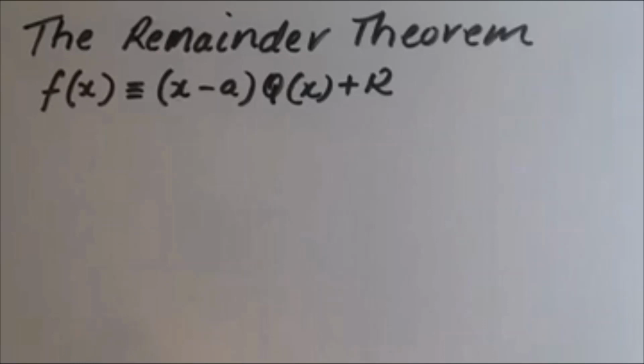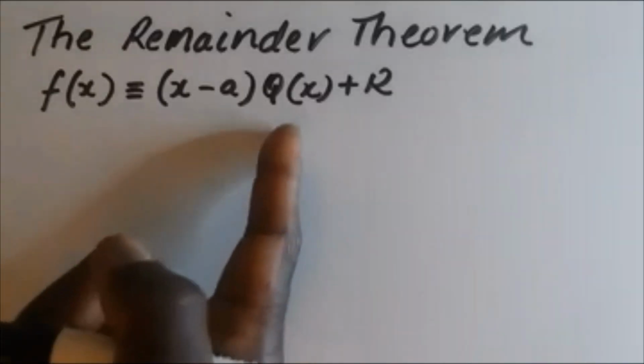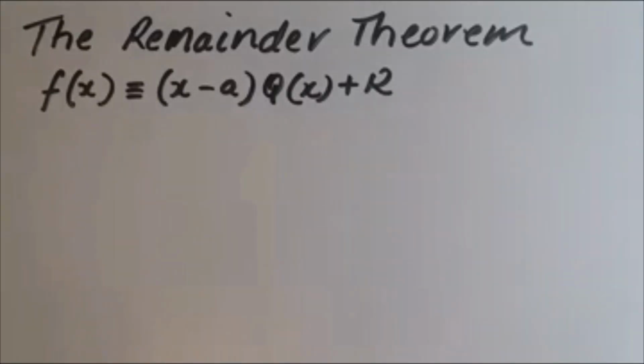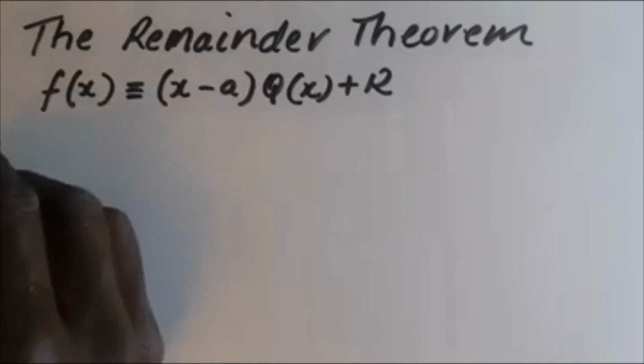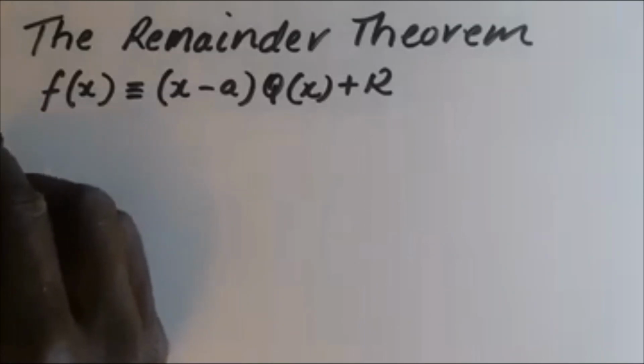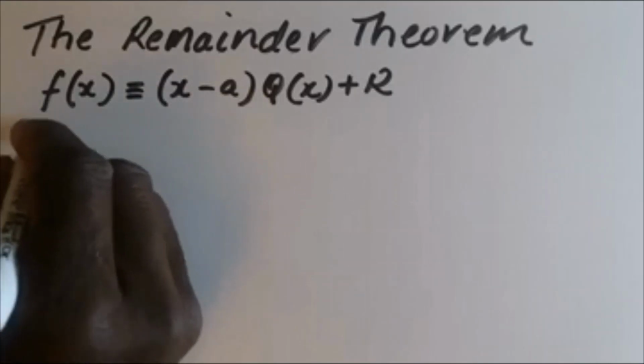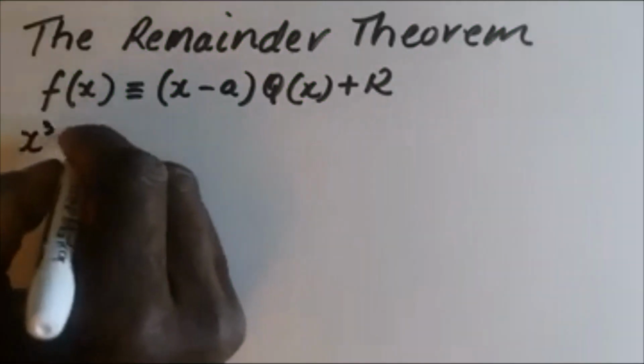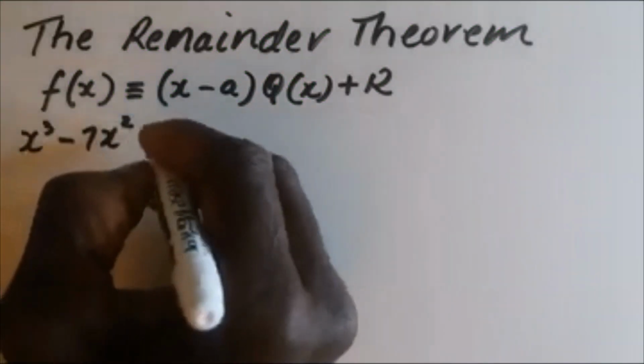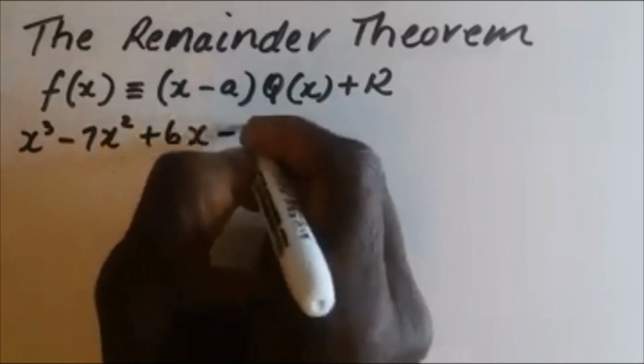More on the remainder theorem. In the previous video, I ended up writing this f of x being equivalent to the divisor times the quotient add the remainder. In terms of the function, the polynomial being divided by the linear function, f of x was actually x cubed minus 7x squared add 6x minus 2.